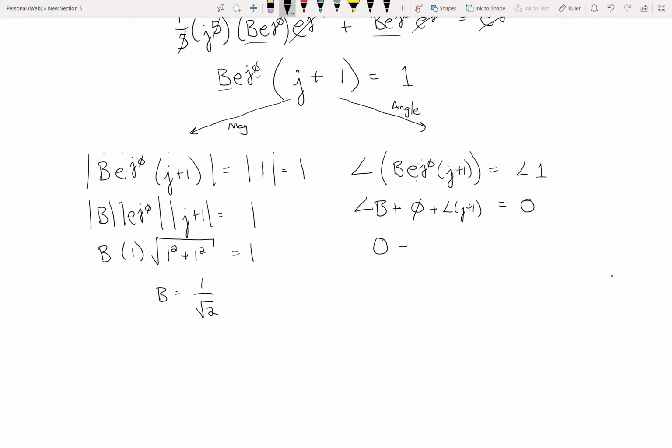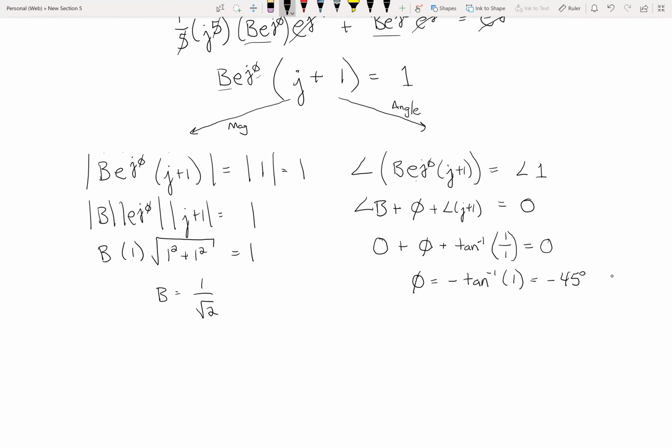So 0 degrees plus phi, and the angle of j plus 1 is arctan of imaginary 1 over real 1, equal to 0. So phi is equal to minus arctan of 1, which, if you remember from trig, corresponds to negative 45 degrees.